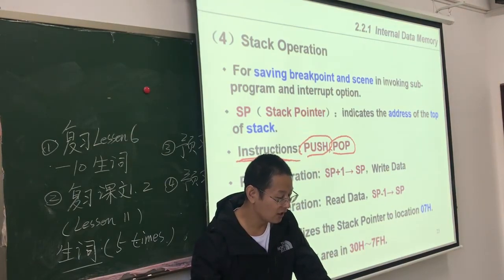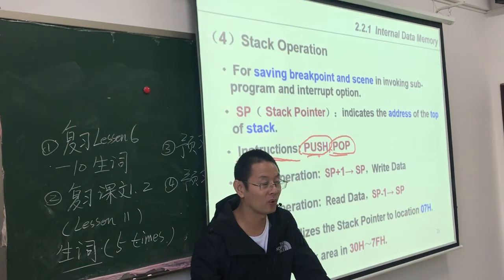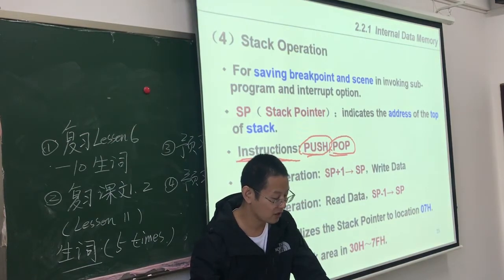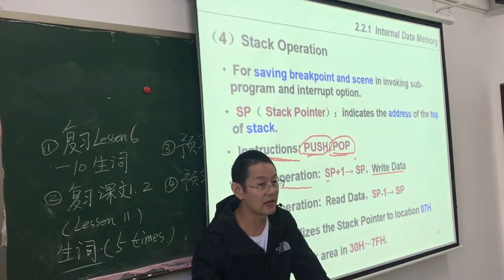Okay, use the push and the pop. This is an assembly instruction. Push operation means SP plus 1 to SP, and write data to stack memory.